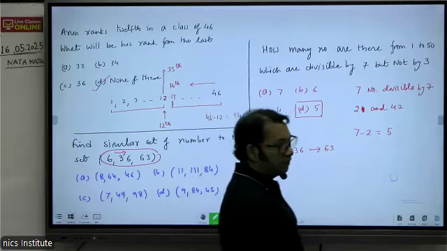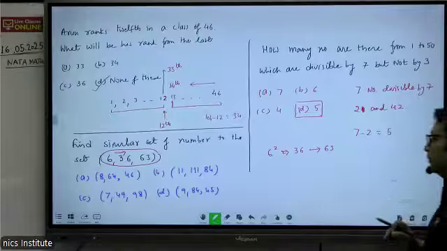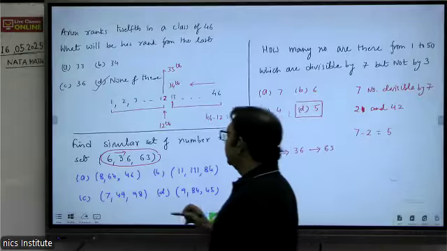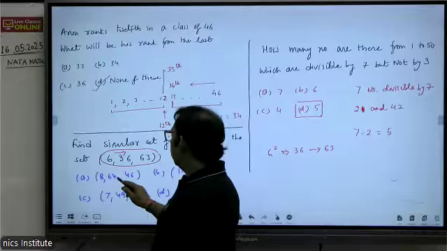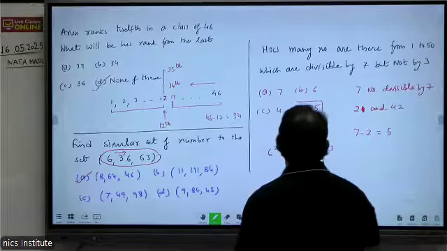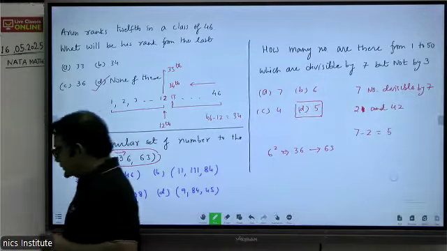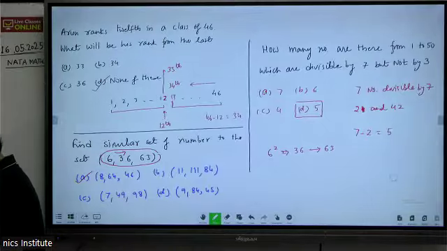So the pattern is: take a number, square it, and then interchange the digits. 8 square is 64, interchange the digits. The answer will be A. So you can easily identify the pattern. Good.